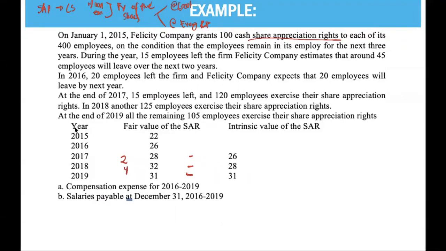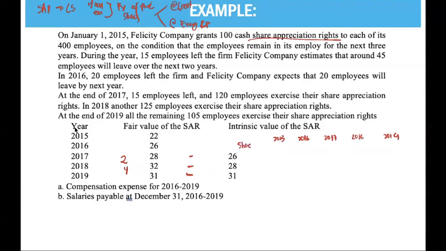Okay, so let's account for it. What changes here only is that you will measure it based on the fair value of the share appreciation every year end. So we have 2015, 2016, 2017, 2018, and 2019. First, we have your share appreciation.